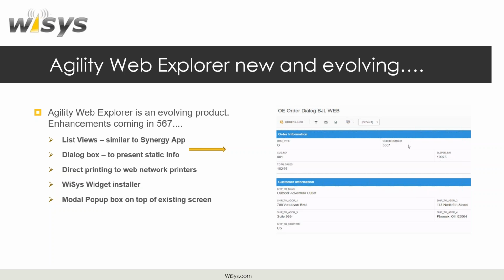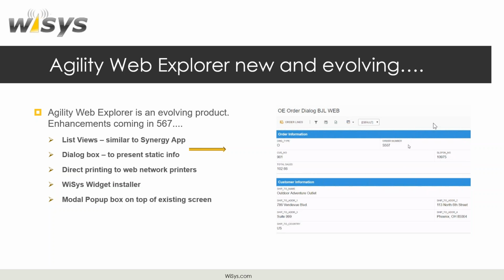So if you use the Synergy application or the CRM application, you'll notice when you pull those up, you have a list view where it shows you streamlined information a little bit similar to this view here, where you can see them diagonally, which we can't do right now in the product, especially for a phone or a tablet when you're trying for a streamlined view. And then you simply check that view and it drills you in further and further and further. So that's coming in 567.